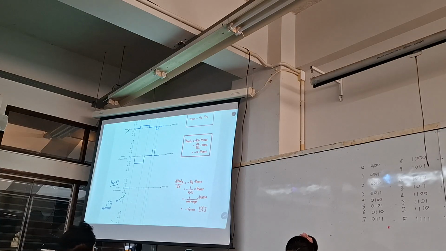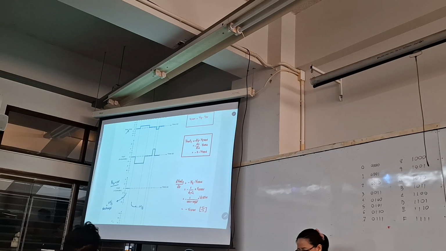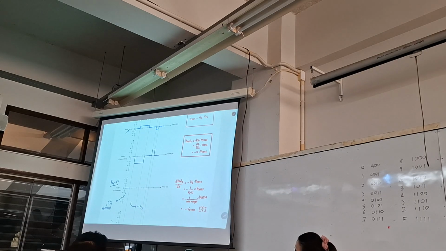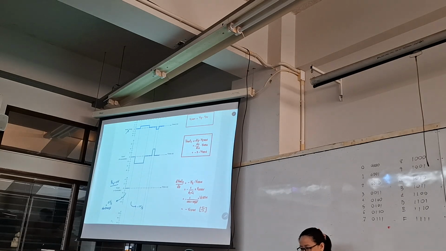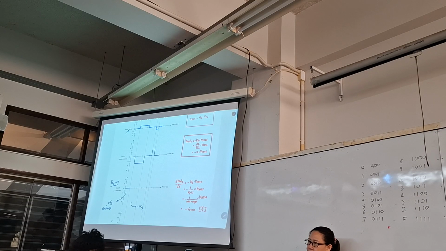In this interval, you will get minus 1 volt per second. What is the meaning of minus 1 volt per second? It means that every second, the voltage will reduce by 1 volt.